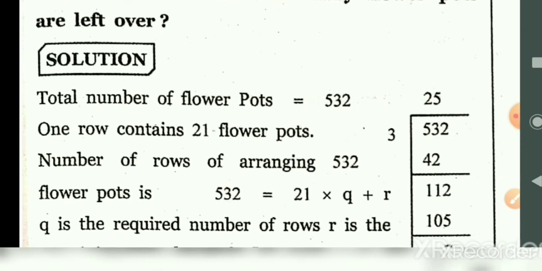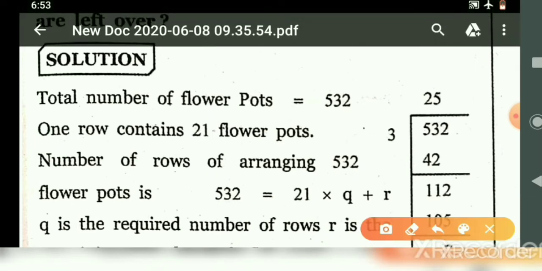The total number of flower pots is 532, and one row contains 21 flower pots, so the divisor is 21. A small correction: this one is not 3, it is divided by 21. Change your classwork.